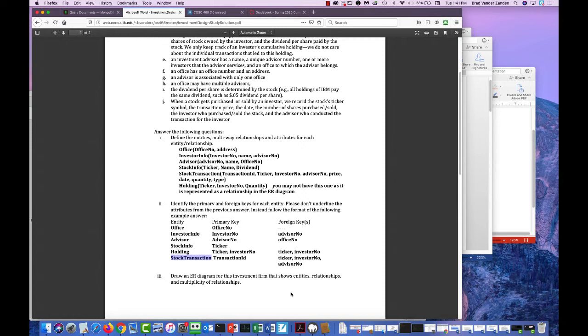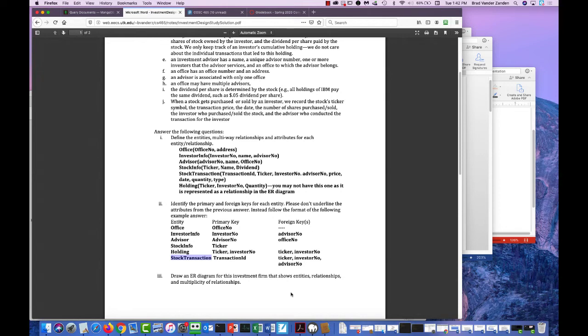Okay, and finally we want to know, for a given advisor and a given investor, how many stocks might that advisor have transacted for that investor? Sorry, this one right here is what we're considering. 0 to many.